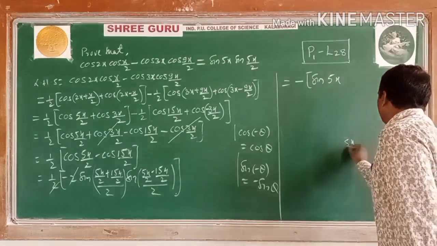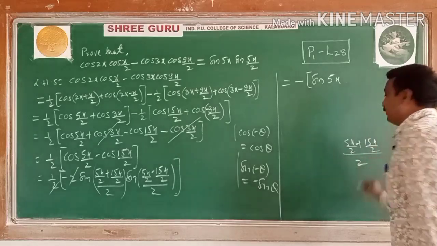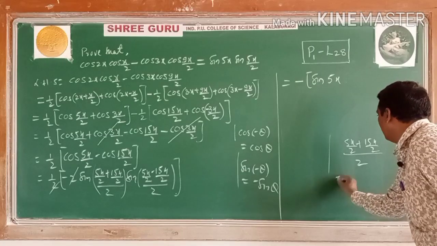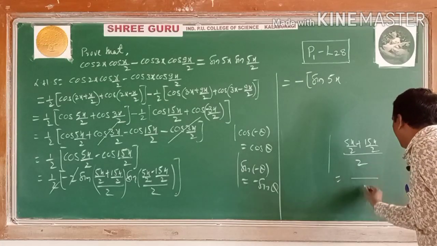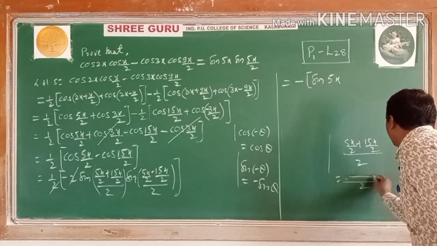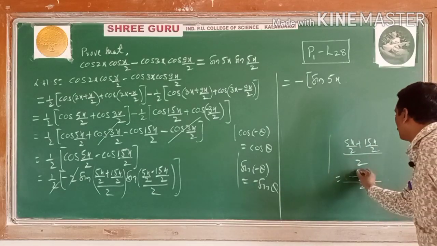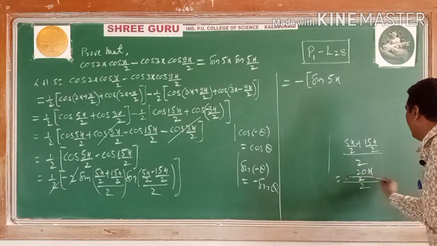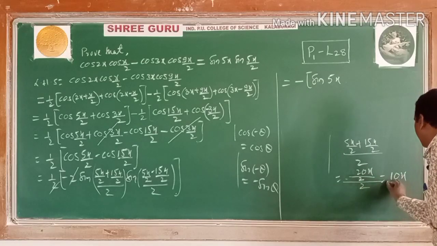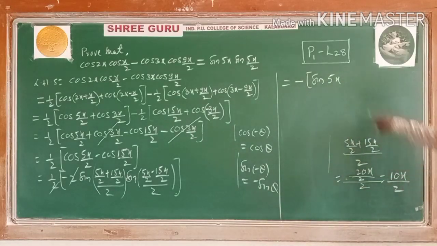Here I will make that simplification separately: 5x by 2 plus 15x by 2, whole divided by 2. The LCM is 2 as it is. 5x plus 15x is 20x, 20x by 2 is 10x, divided by 2. How much is it? 5x.